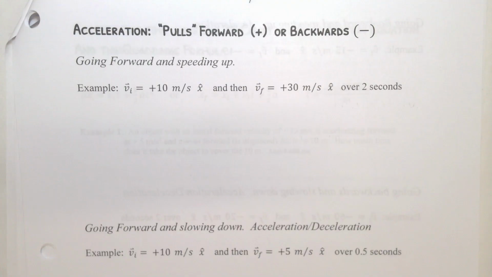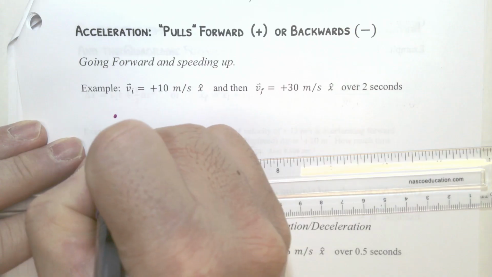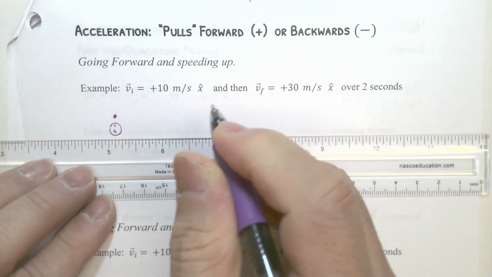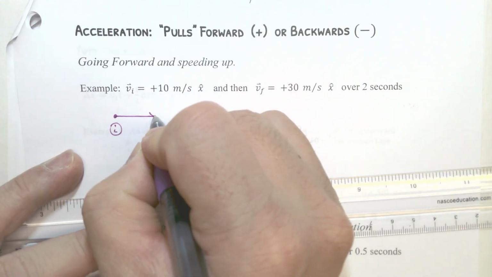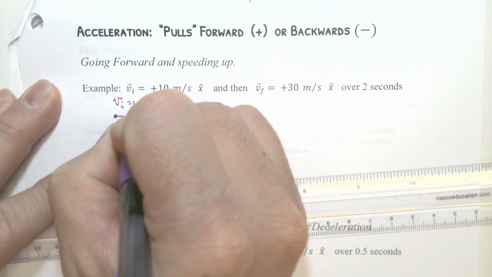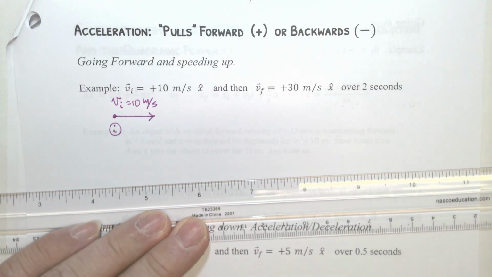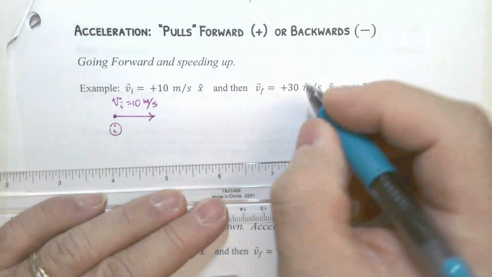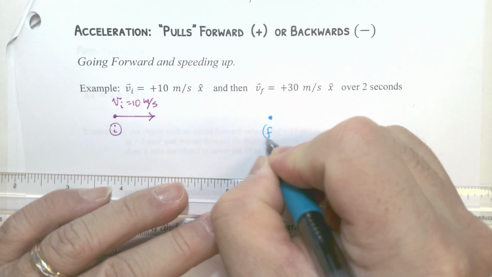So we have an object in initial condition that's going, let's say, 10 meters per second. So v initial is equal to 10 meters per second. And then it speeds up to 30 meters per second. Here's the final scenario, right?